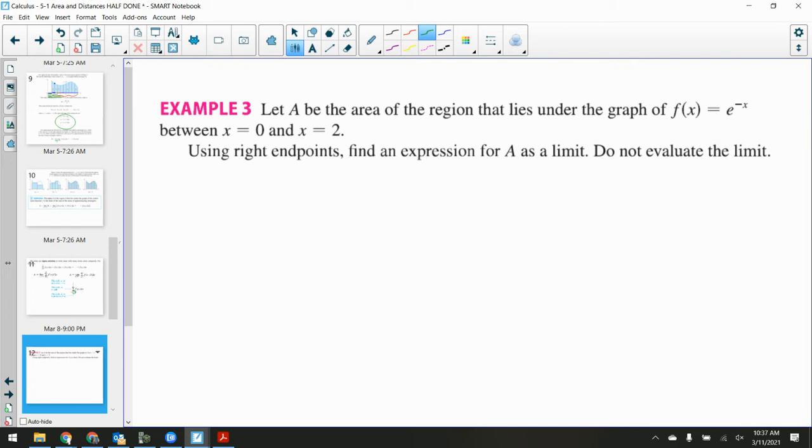Estimate using right endpoints, and find an expression for A as a limit. Do not evaluate the limit.